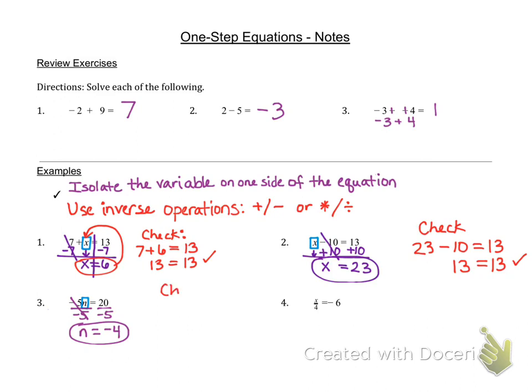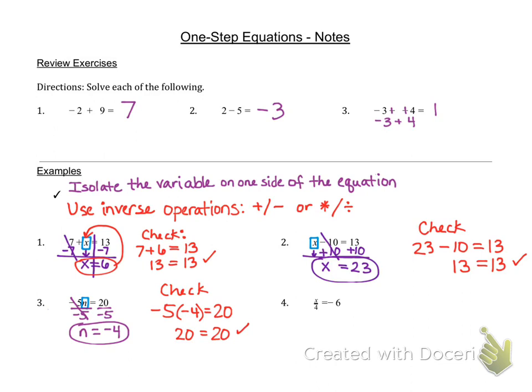So I'm going to substitute negative 4 back in for my n value. So we have negative 5 times a negative 4 is equal to 20. Negative 5 times a negative 4 is 20, and we get 20 is equal to 20. So if both of the numbers on both sides of the equal sign are equal to each other, that means that you solved it correctly.